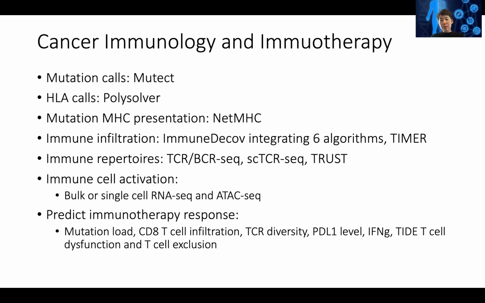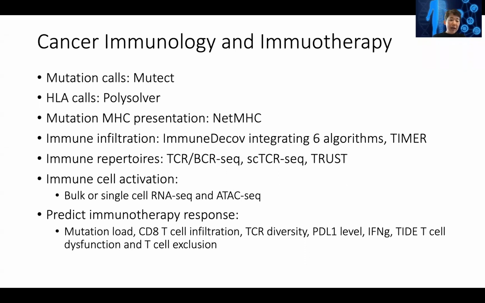We can also use algorithm like TRUST to directly extract the TCR and BCR sequence from large tumor cohorts with just bulk RNA-seq. And because projects like TCGA have so many tumors, we can extract a lot of TCR and BCR and look at the association of immune repertoire abundance or constant regions in the antibodies and how they associate with mutations, with immune signaling, other immune cell infiltration, and so on.